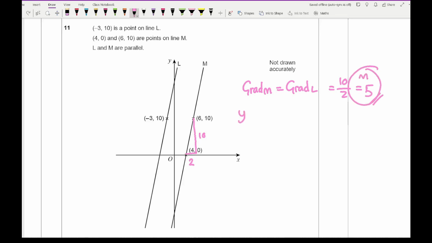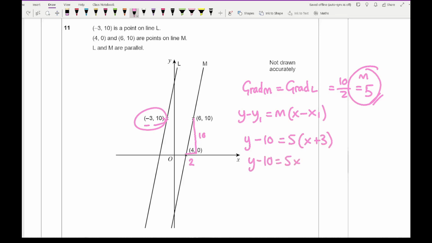Then using y minus y1 equals m times x minus x1, and using this coordinate here, it's going to be y minus 10 equals 5 times x plus 3, so I get y minus 10 equals 5x plus 15, and that gives me an equation of y equals 5x plus 25, and there is my final answer for that one.